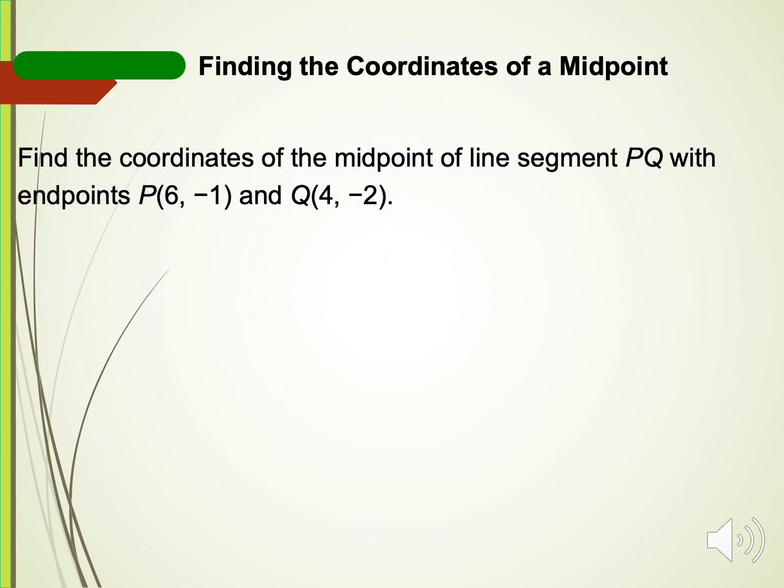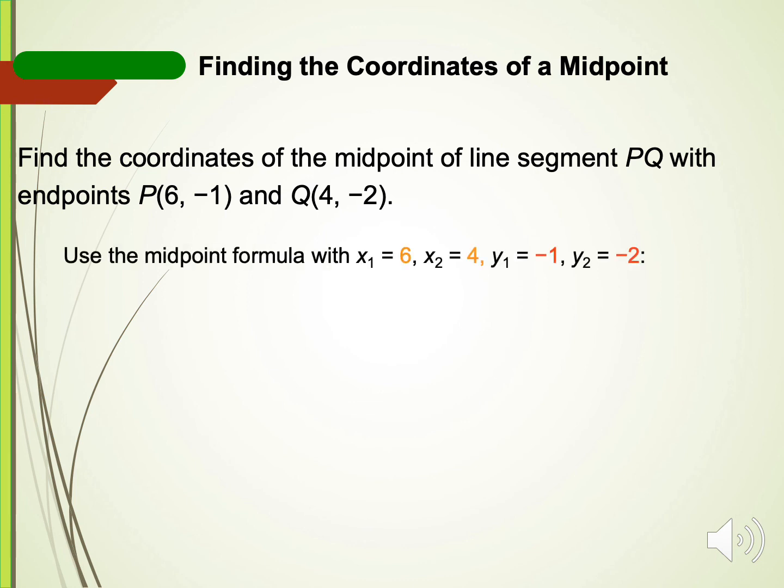Okay, so for example, you are asked to find the coordinates of the midpoint of the line segment PQ having the endpoints P, coordinate 6, negative 1, and Q, coordinate 4, negative 2. So, using the midpoint formula, we know that x1 is 6, x2 is 4, y1 is negative 1, and y2 is negative 2.